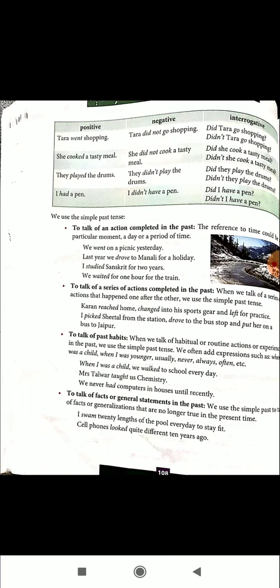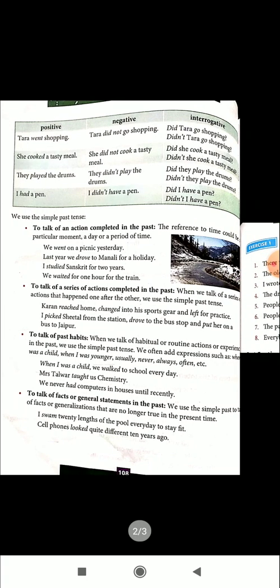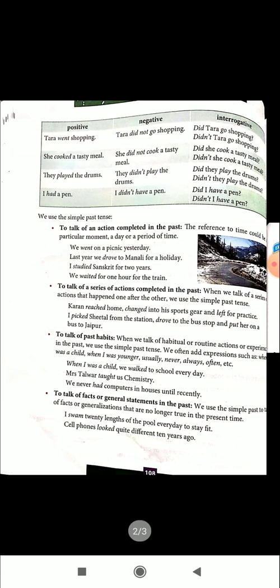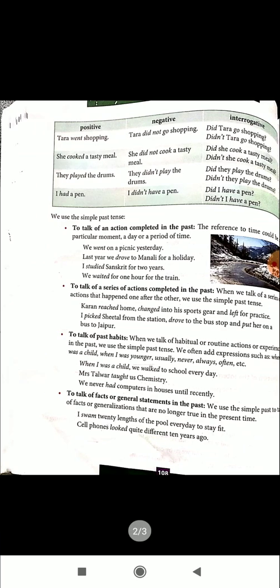We often add expressions such as when I was a child, when I was younger, never, always, often, etc.